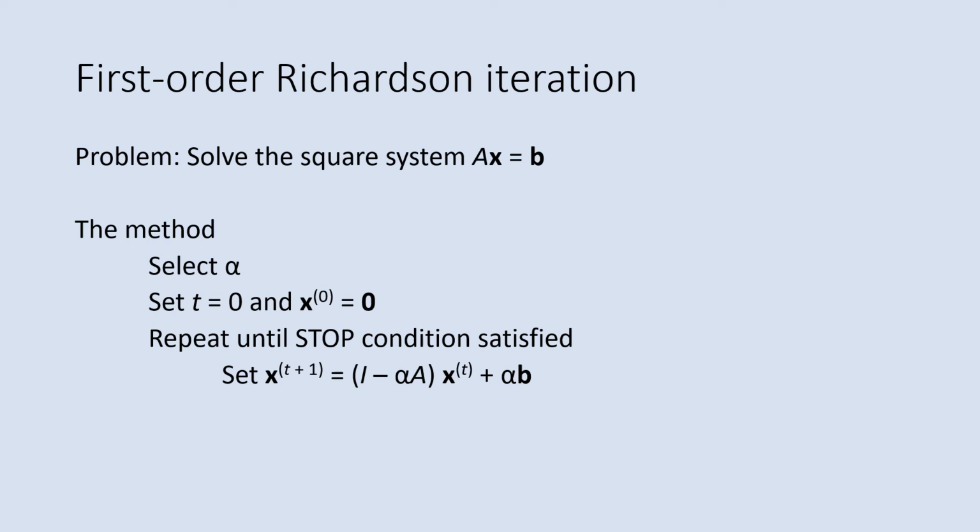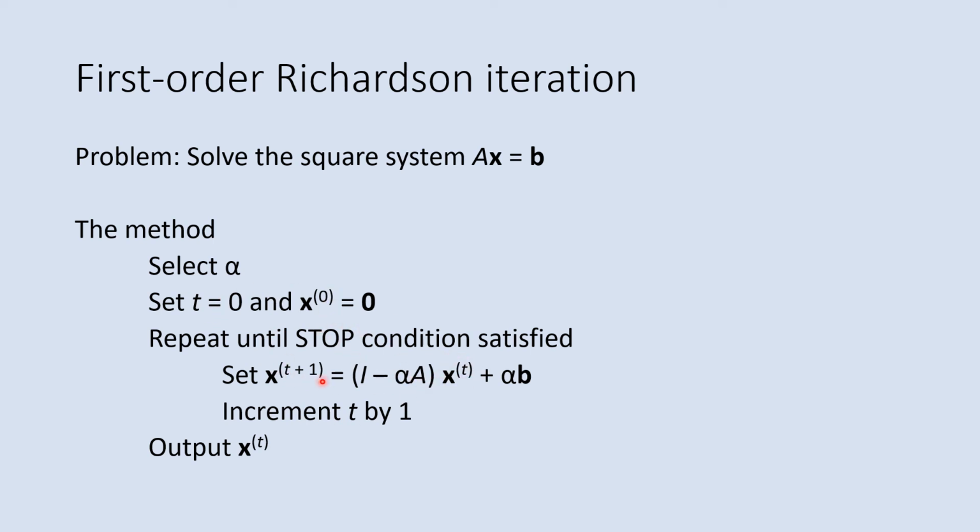And what we do is what we just mentioned: take the current x value, do the calculation on the right-hand side, and that outputs the next x value. Then we increment t by 1, and keep doing that until the stop condition is satisfied. So we have t equals 0.